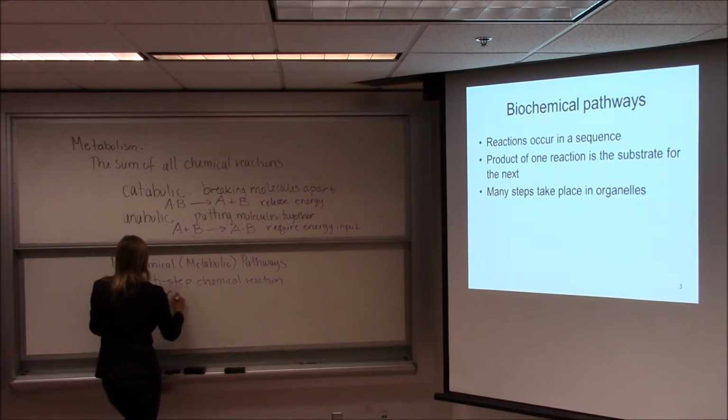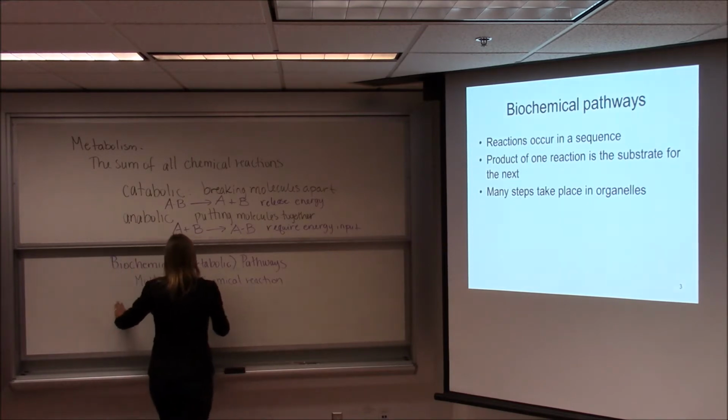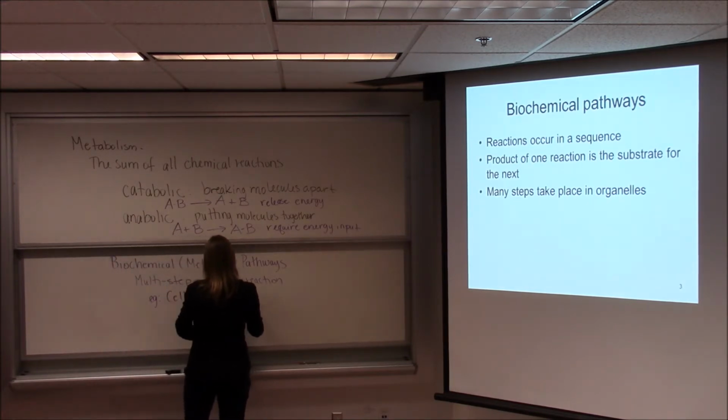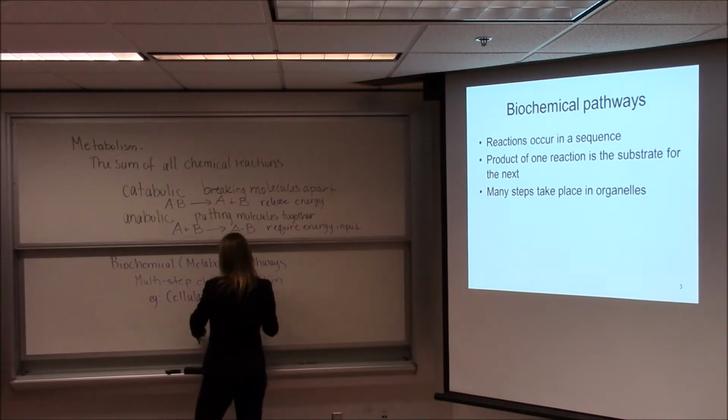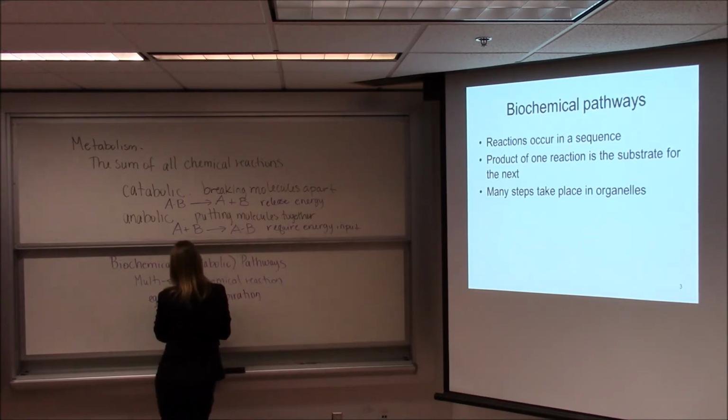Again, two good examples of this are cellular respiration, which we're going to talk about in a lot of detail in the next unit, and photosynthesis. Both require multiple steps to get to those end products.